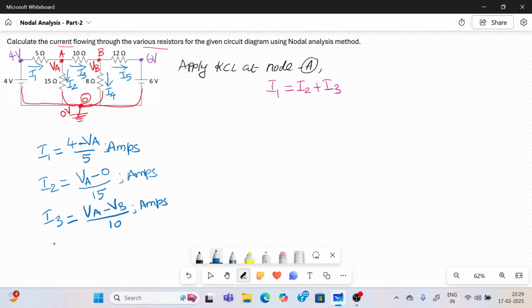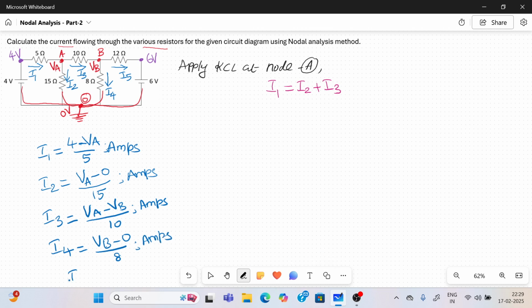Next, I4. I4 is flowing through the 8 ohm resistor, from node B to 0. So the node B voltage is VB minus 0 divided by 8 amps.